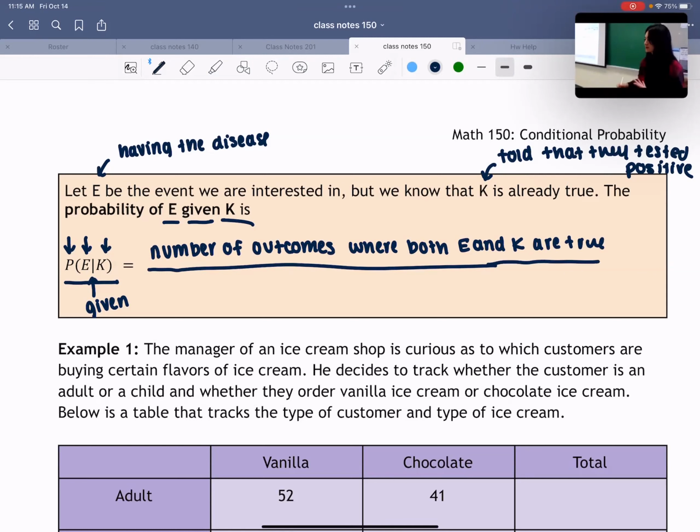Okay, so it's basically the amount of times we see both E and K at the same time. Okay, and in the denominator, we're going to have the number of outcomes where just K is true.